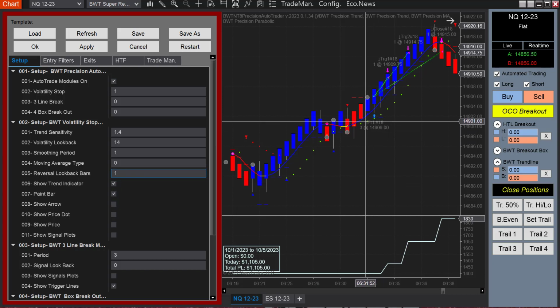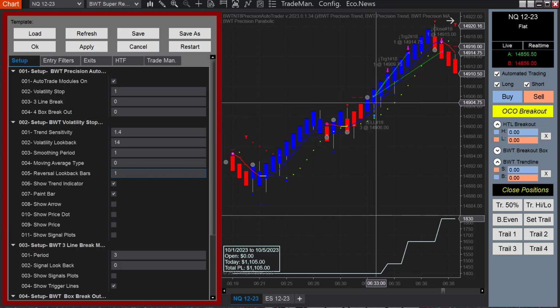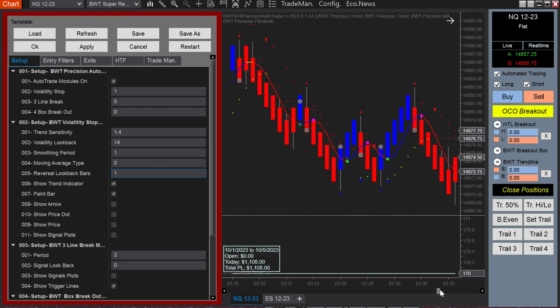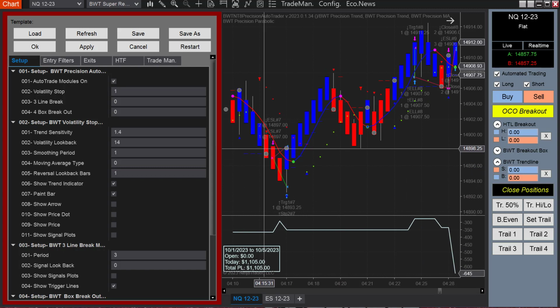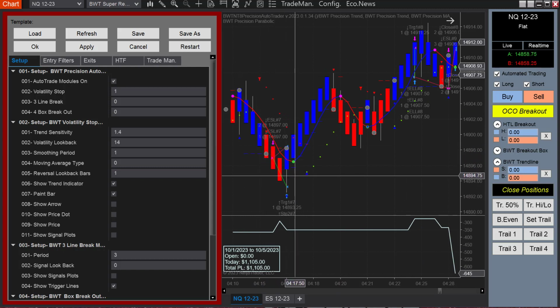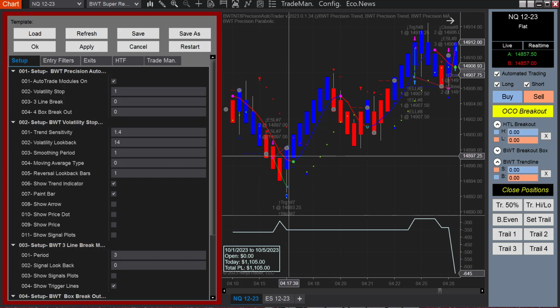But basically, the reversal look back at 1 means you have to have a red bar here, and you have to get filled on this bar, and that's it. So if we look at all these trades, we see there was, 1 bar ago, and boom, you're filled. We're here.